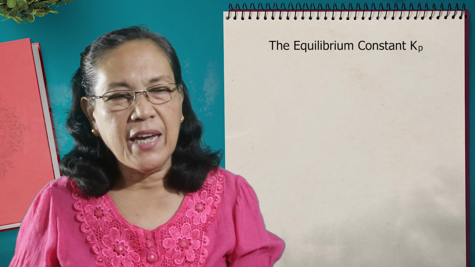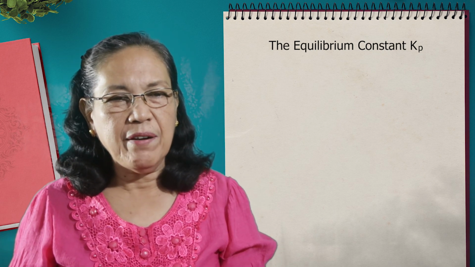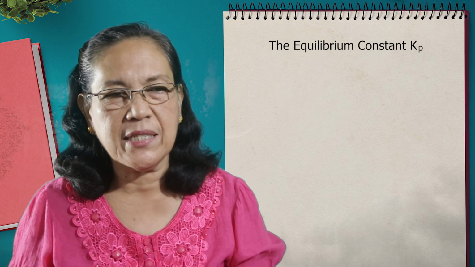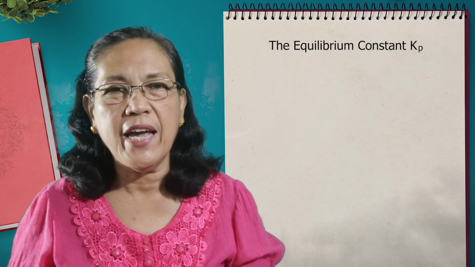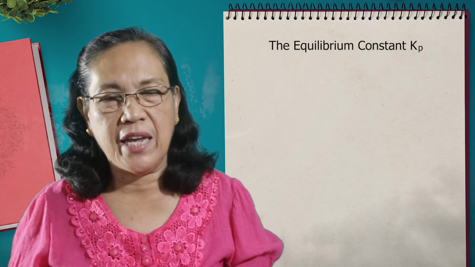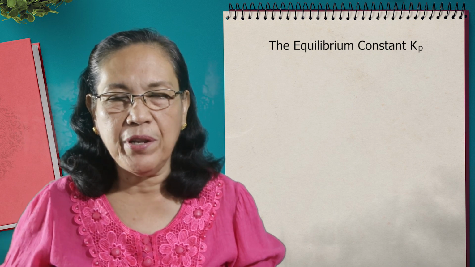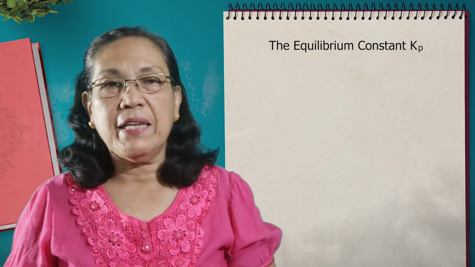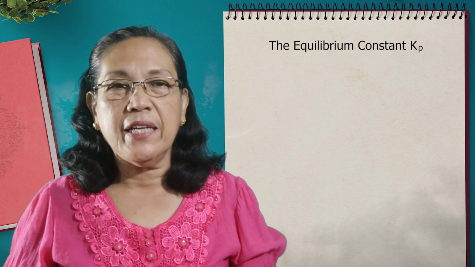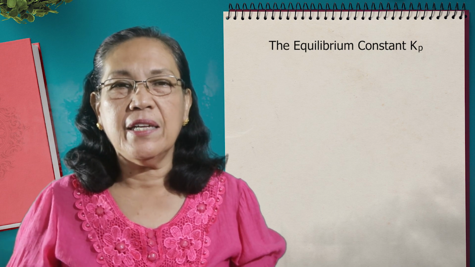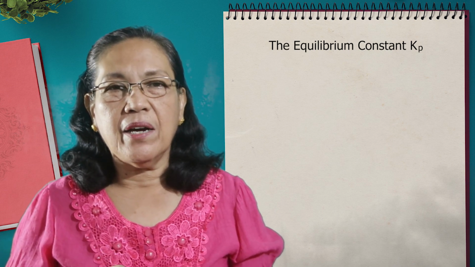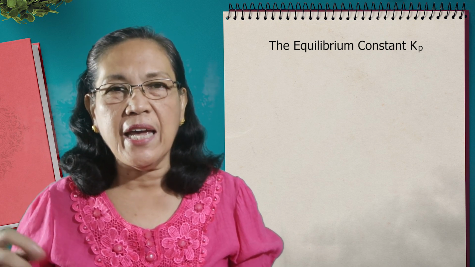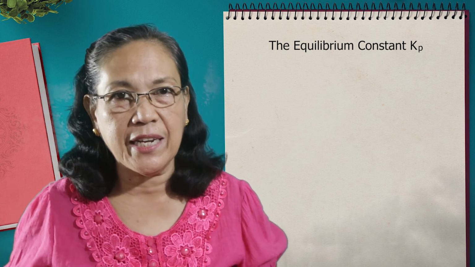Take note, RT is common, so you can factor it out. You can express RT as RT to the y, RT to the z, and RT to the w, and RT to the x. In algebra, if you have a to the m divided by a to the n, this can be expressed as a to the m minus n.